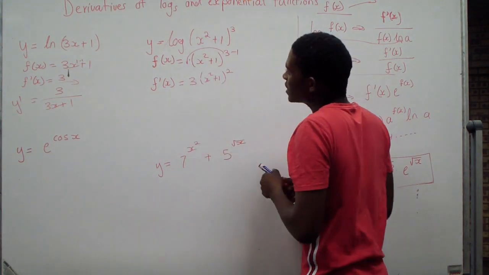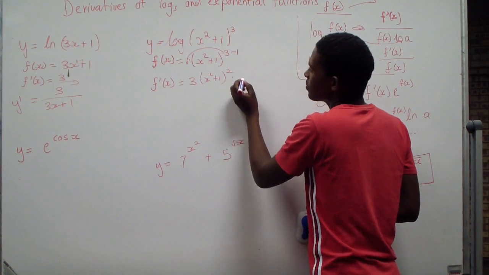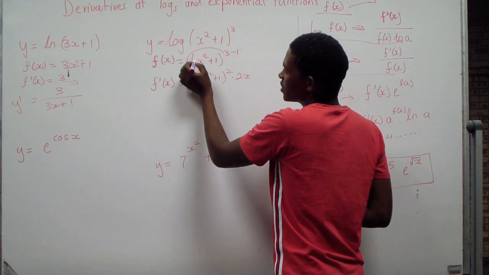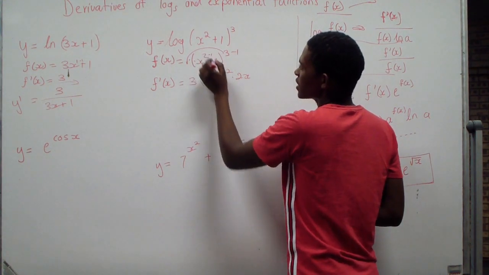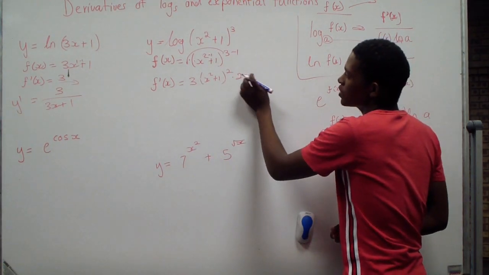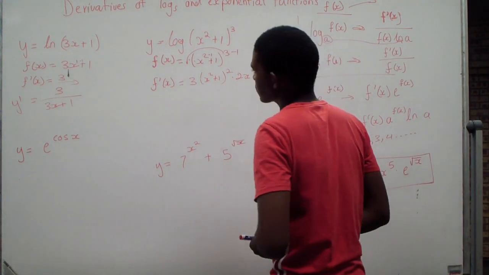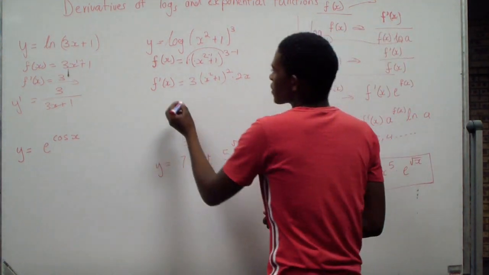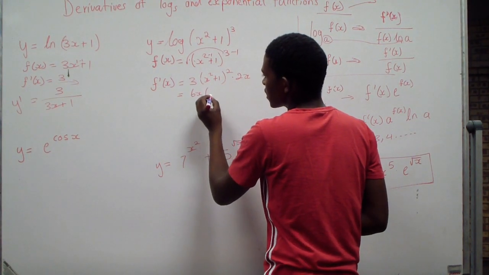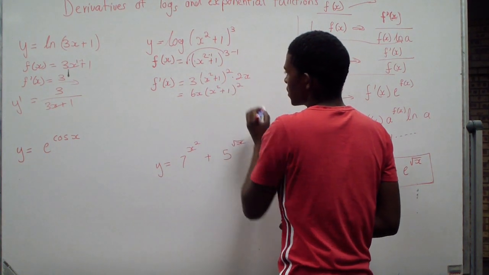The derivative of x squared plus 1 is 2x, because I multiply 2 by 1, then subtract 1 from my exponent and I'm left with 2x. The derivative of a constant is 0. So here I'm having 6x, open bracket, x squared plus 1, squared.